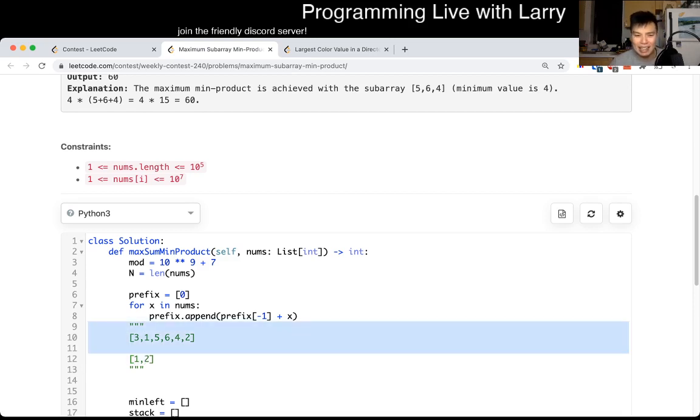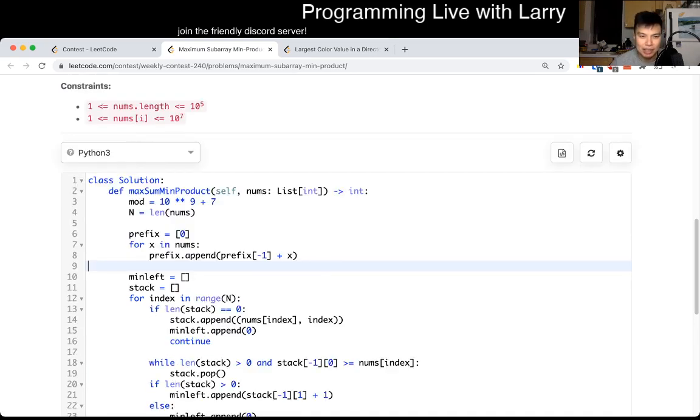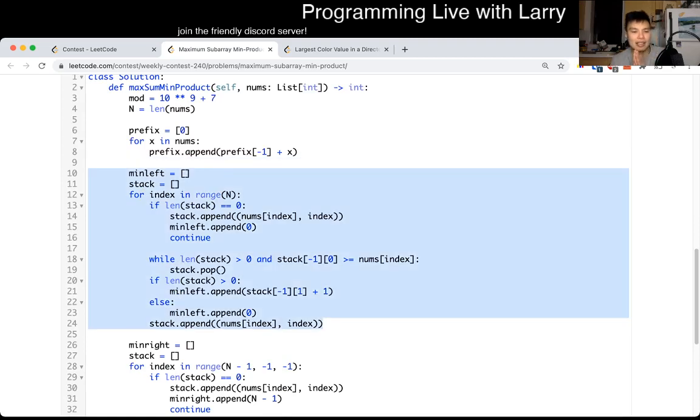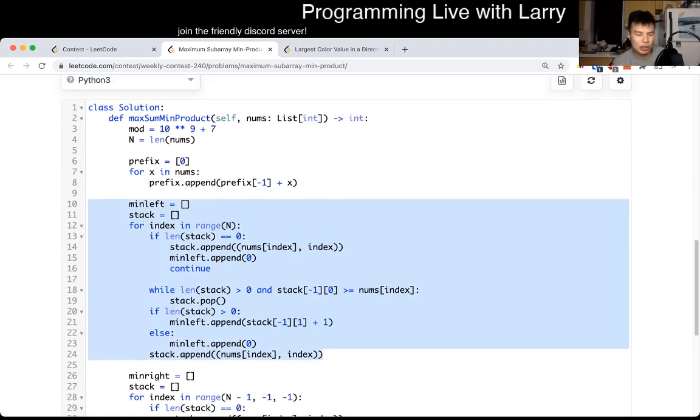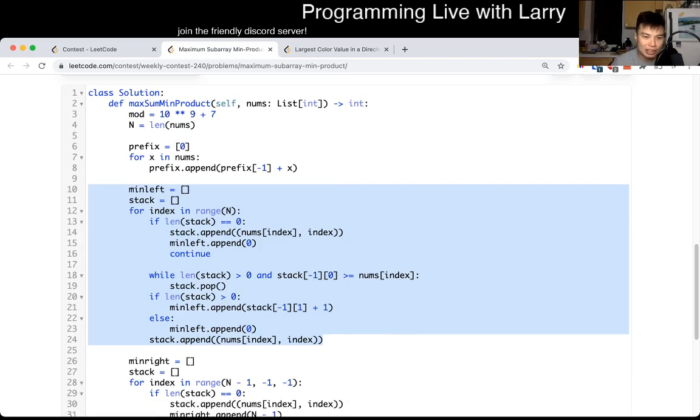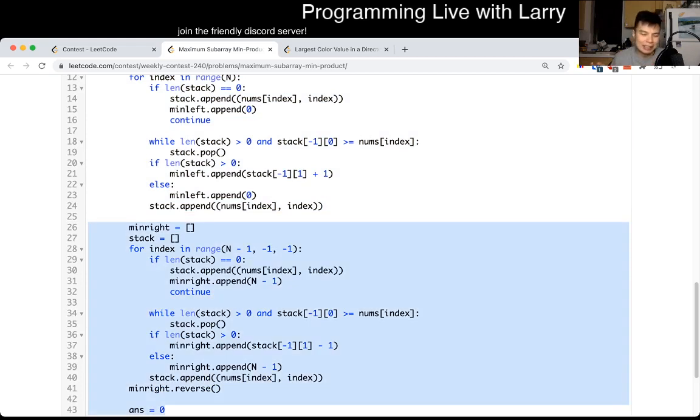So that's basically the idea behind this chunk, where I go, okay, one at a time, let me try to go to the left and find the minimum index, what number there is, and then I do it again for the right, going backwards. What is the next index that has a number that's smaller than this number?